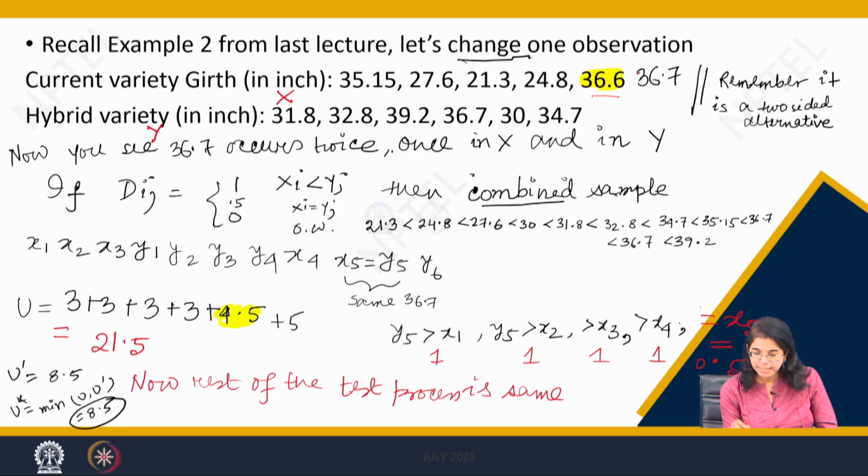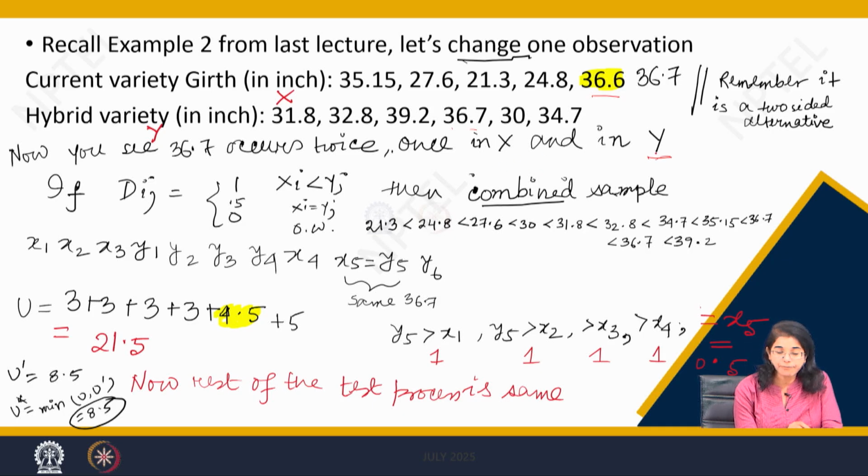If we change it to 36.7, why are we changing it? Because in the second sample you will have 36.7. So 36.7 is here in the current variety as well as in the hybrid variety. So basically a tie occurs, correct? Now you will see 36.7 occurs twice, once in X and once in Y.